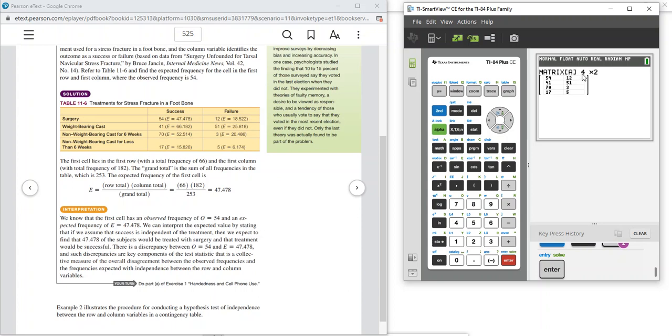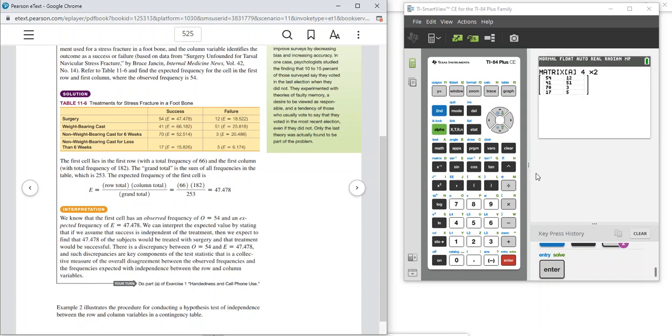Now you have to make sure you type in, if it's not a 4x2, this has 4 rows, 2 columns. If you were playing with something else in your calculator and this comes up something else, you have to get in there and type in 4x2. 4 rows, 2 columns. And then put your data in exactly as it appears here. These are observed values exactly. 54, 41, 70, 17, 12, 51, 3, 5.